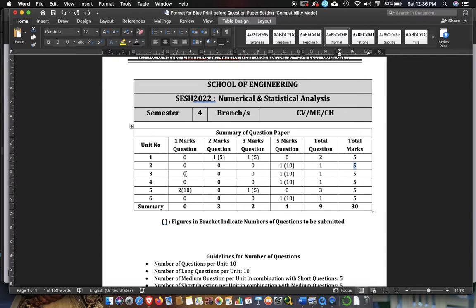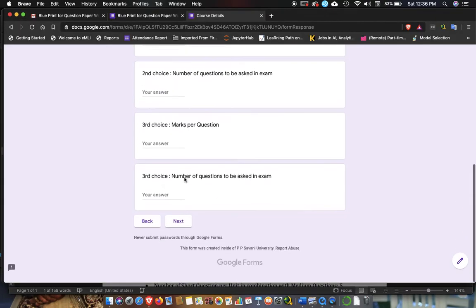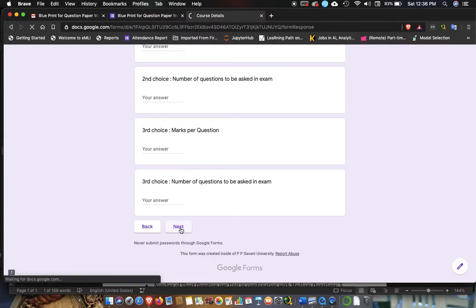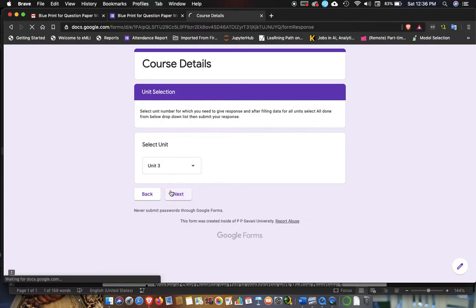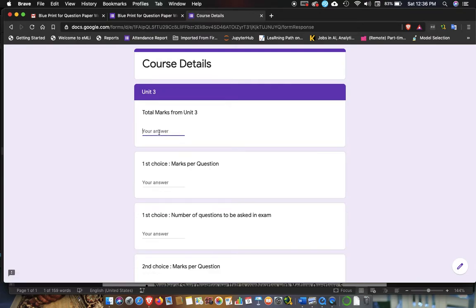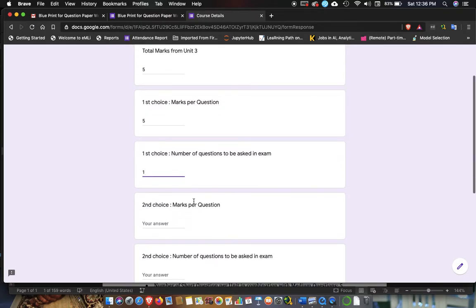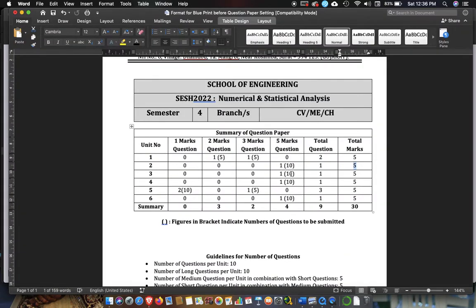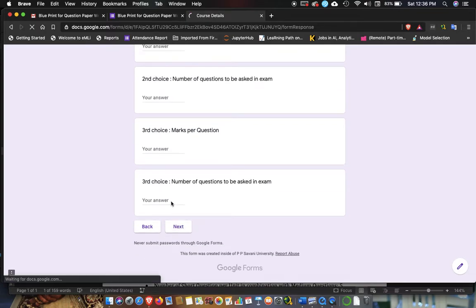I haven't made a second or third choice, so I will keep it blank. Now click on next. Same way for unit 3. Total marks 5, marks per question 5, and number of questions to be asked in the exam 1. Second and third choice will be kept blank.